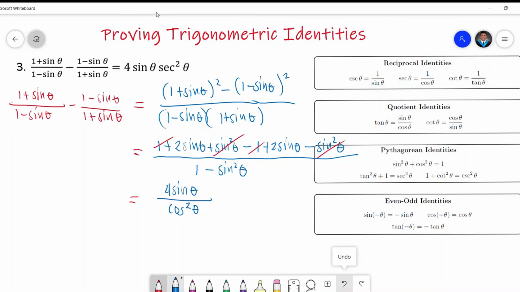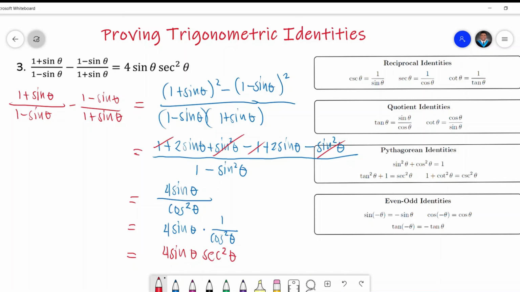Now at this point, we can rewrite this expression into 4 sine theta times 1 over cosine square theta, which gives us 4 sine theta times the equivalent identity of 1 over cosine square theta, which is a reciprocal identity, and that is equal to secant square theta.